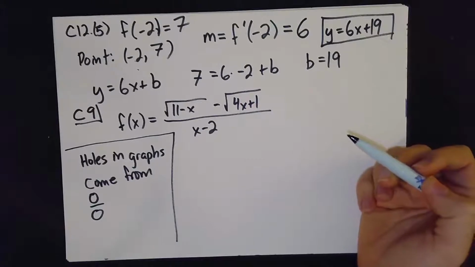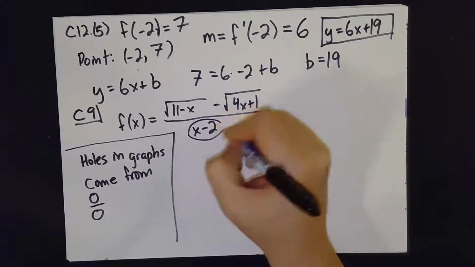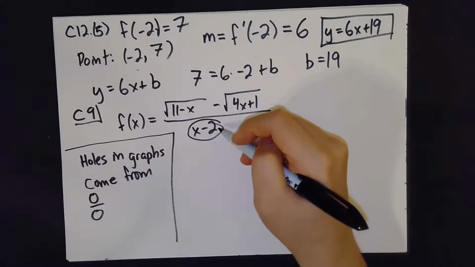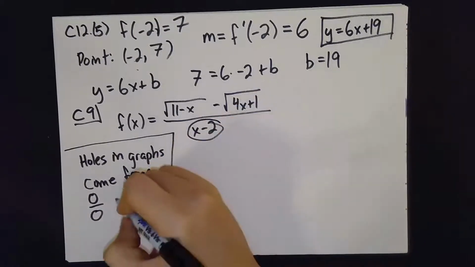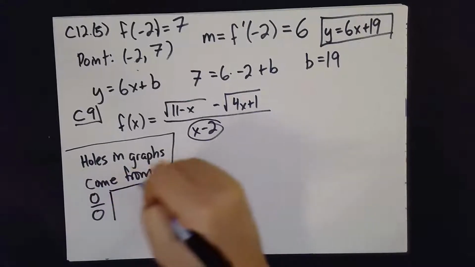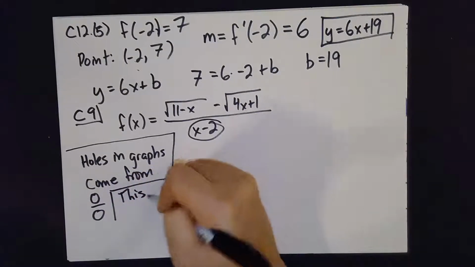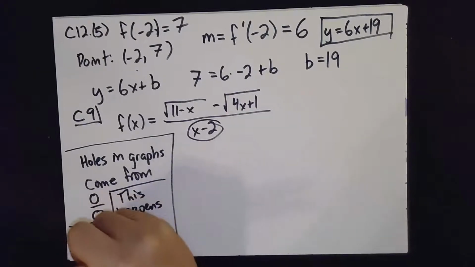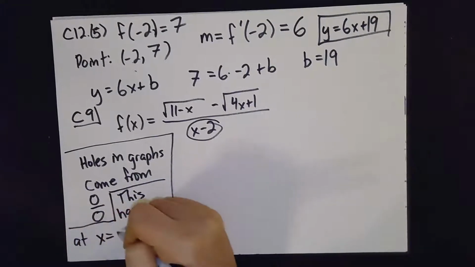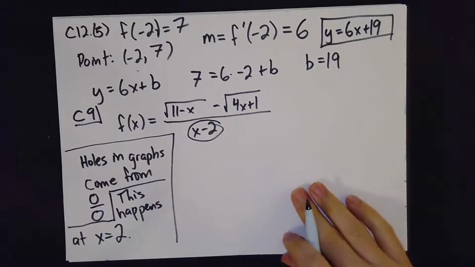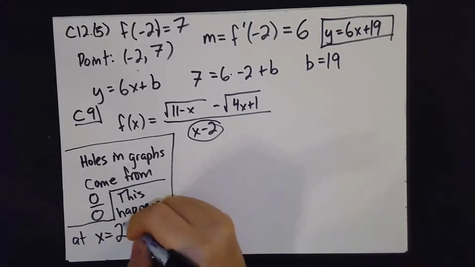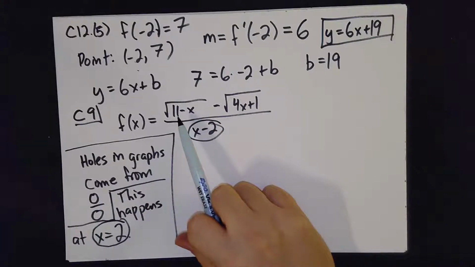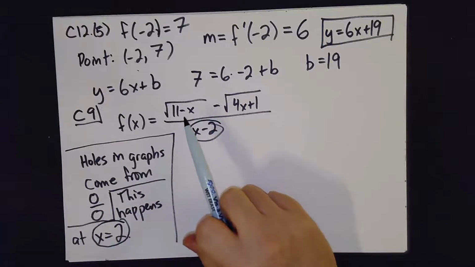Well, in this case, the denominator is actually x minus 2, so the denominator is only 0 at one place, namely at x equals 2. Now note, if you plug in x equals 2 to the numerator, it gives you square root of 9 minus square root of 9.